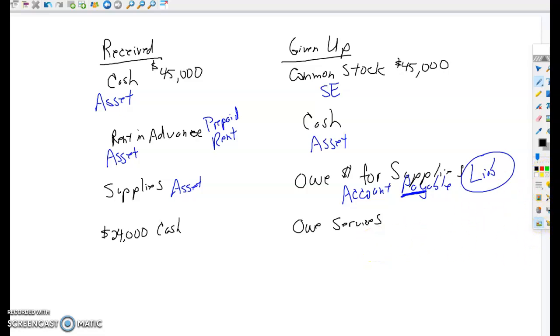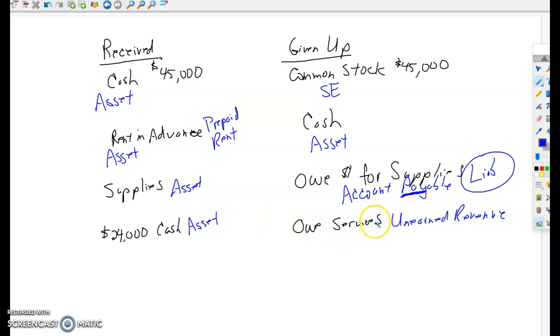We're promising to provide these services. Okay, so that account is called unearned revenue. It is not revenue. Revenue is when we have provided a good or service. Unearned is when we have not earned it yet. We have not provided the good or service yet. Identify what this is. Cash is something we own. That's an asset.